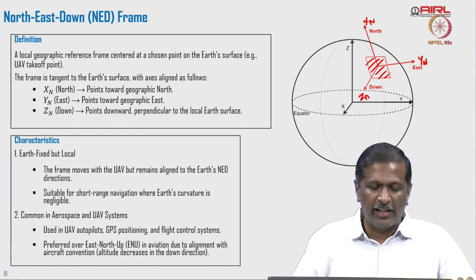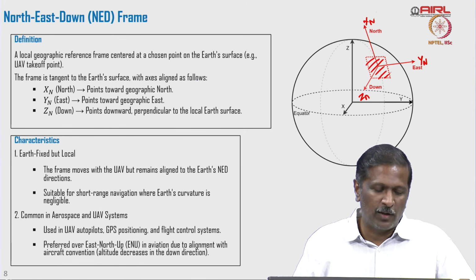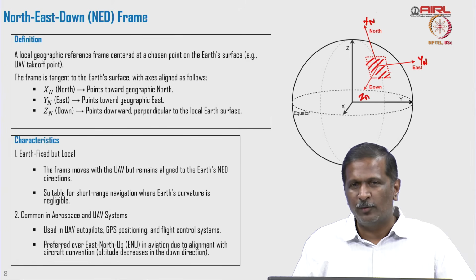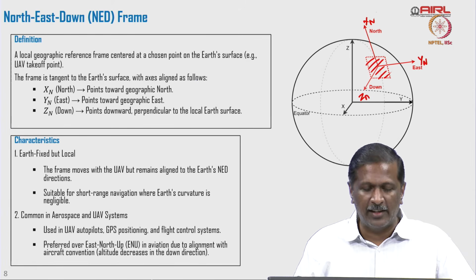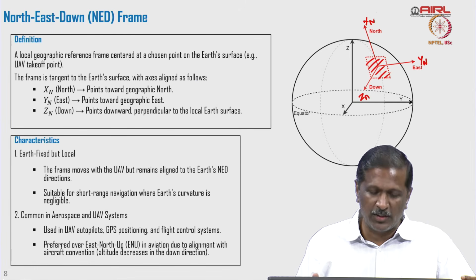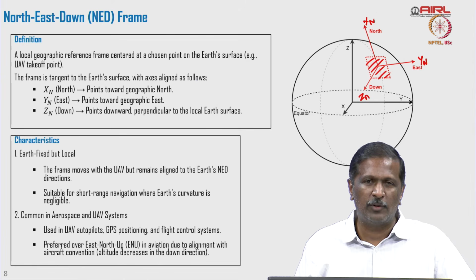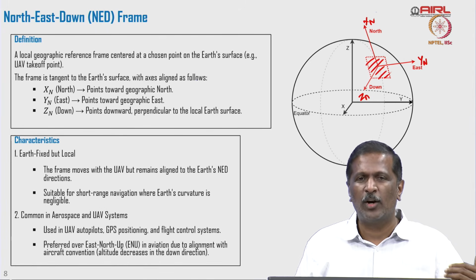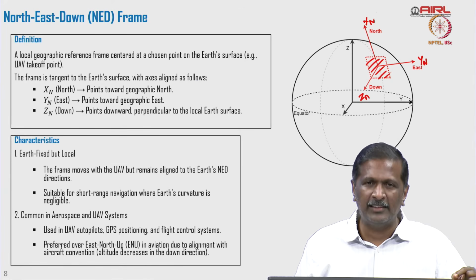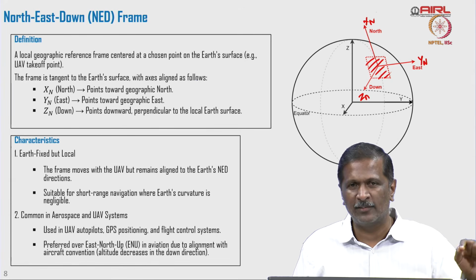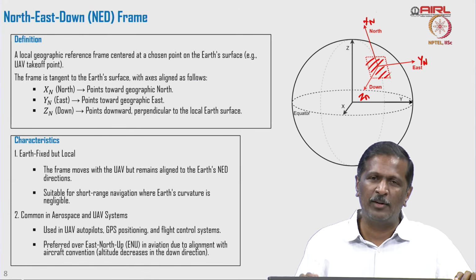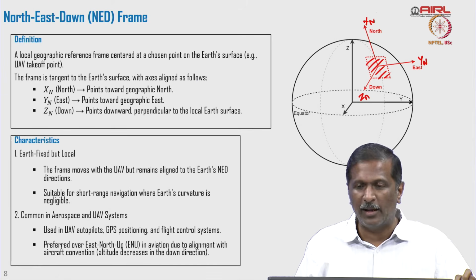It is commonly used in aerospace and UAV, for autopilots, for point to point navigation, and for positioning systems. We also use it for control systems where you want to track a specific trajectory, or execute a mission to go through multiple points defined in this frame of reference, and the UAV has to go to all those points and return back.